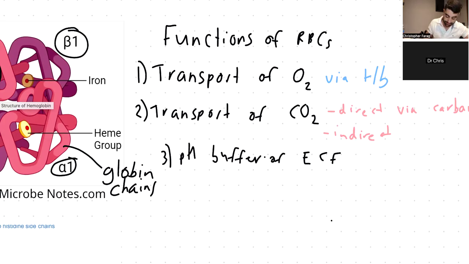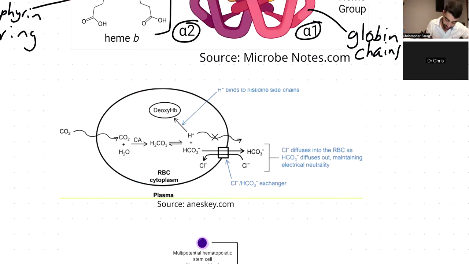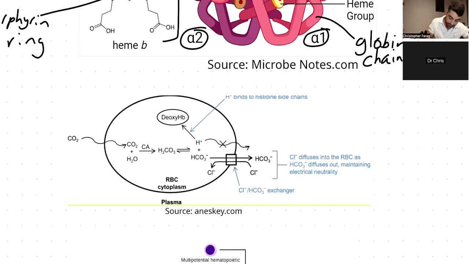Now I have a diagram which might help to illustrate how this works. So just to orient you, this circle over here, going around, that is our red blood cell, and around it is our plasma or our blood.